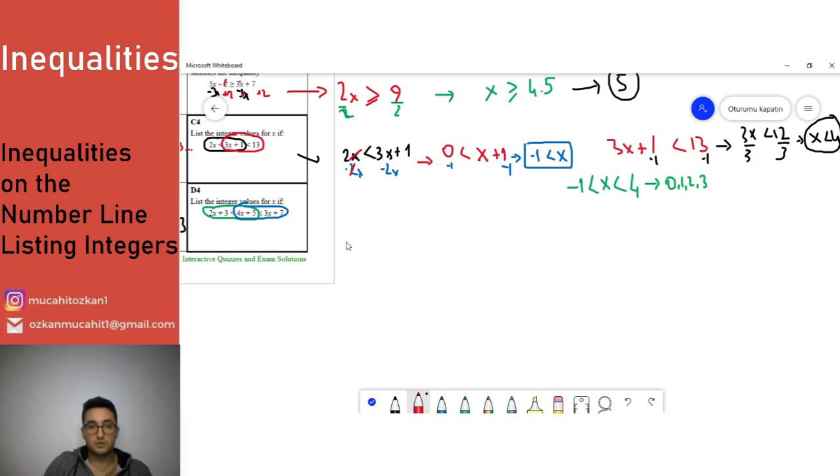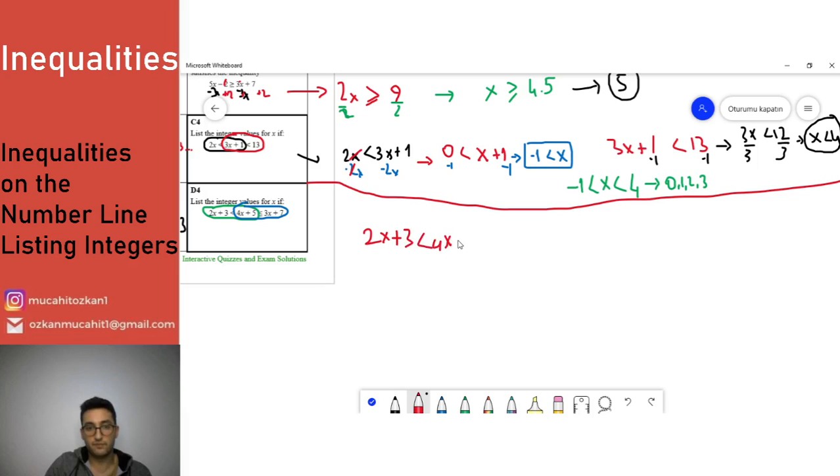In the first one, it is 2x plus 3 is less than 4x plus 5. And the second one is 4x plus 5 is less than or equal to 3x plus 7.